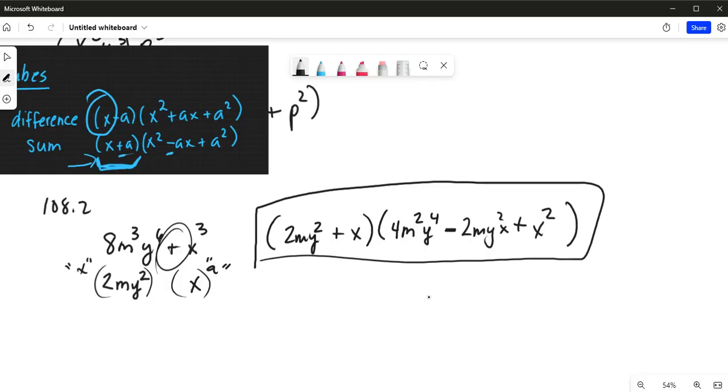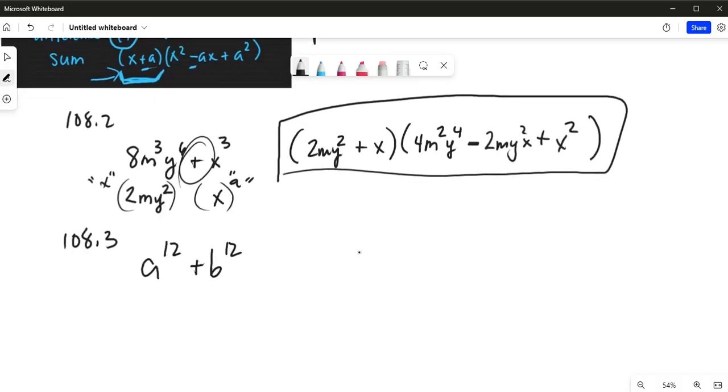Okay. So let's do 108.3, and then I'll let you do the practice problem. What's the cube root of a to the 12th power? What times what would equal a to the 12th?